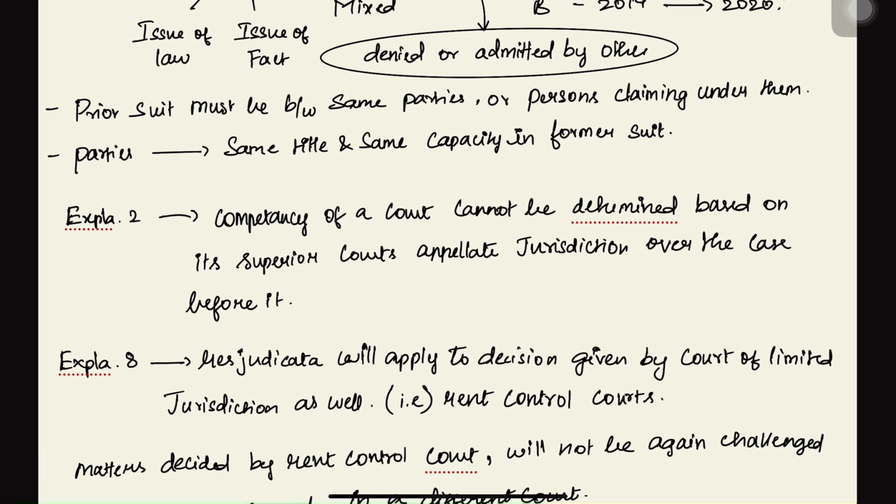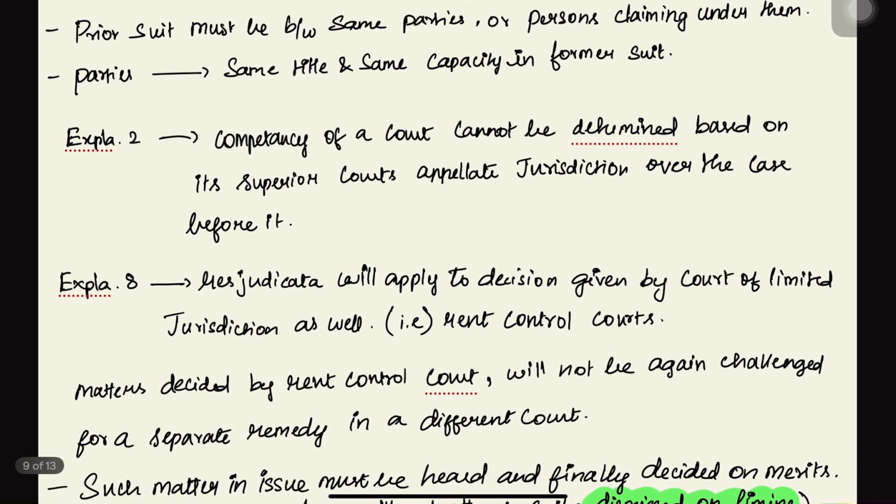We'll deal with the explanations now. Explanation 2 deals with the fact that the competency of a court cannot be determined based on its superior court's appellate jurisdiction over such a case. Explanation 8 deals with res judicata applying to decisions given by courts of limited jurisdiction as well. For example, if there is a rent issue case, it goes to the rent control courts, right?